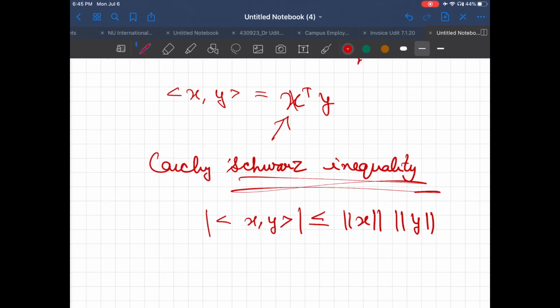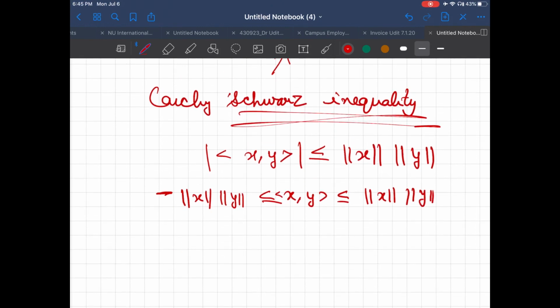vectors x and y. So when we remove this mod, we can write this as the xy dot product has to be less than or equal to the product of norms of x and y, and since this mod is gone, we will introduce one negative sign and say that this has to be greater than or equal to the negative of the product of their individual norms, and on the right hand side it has to be less than or equal to the product of the individual norms.